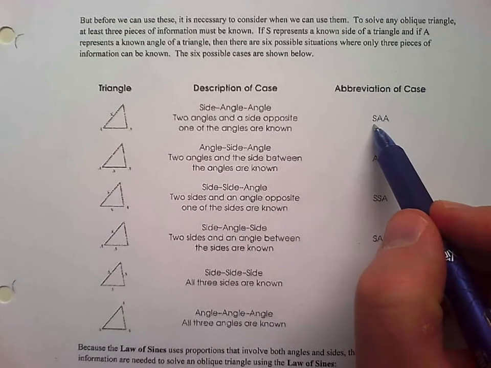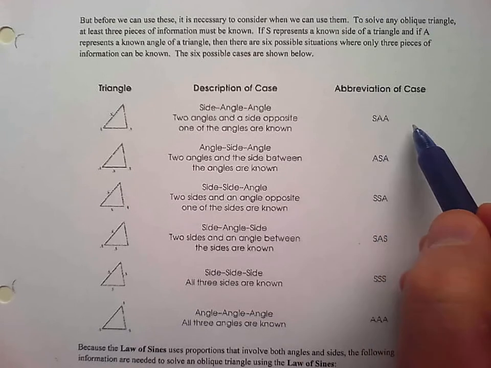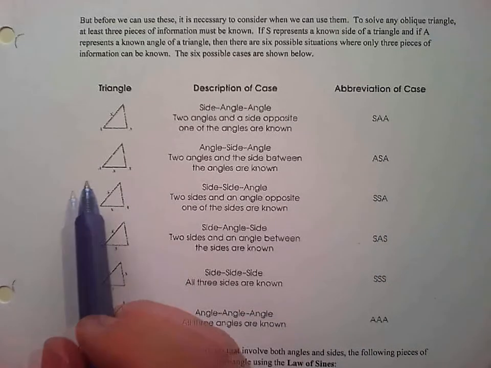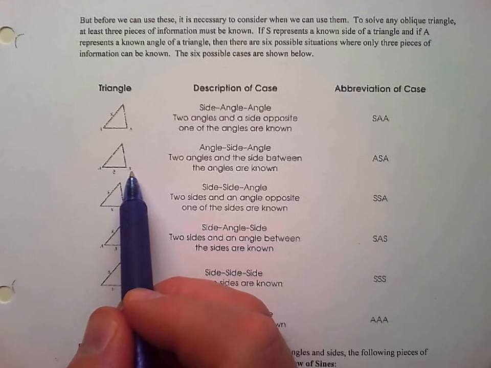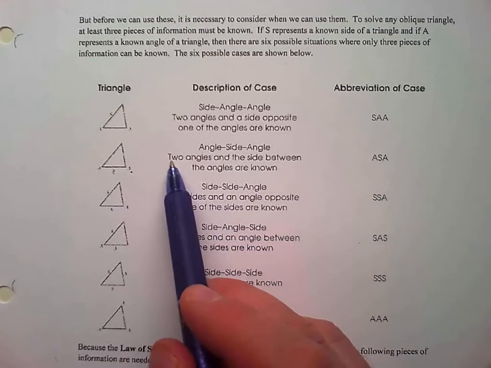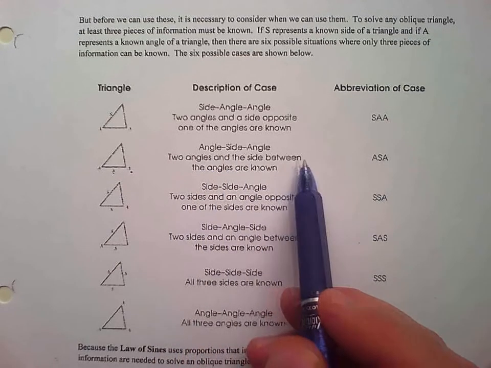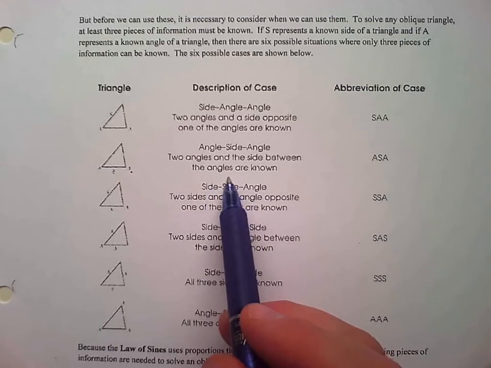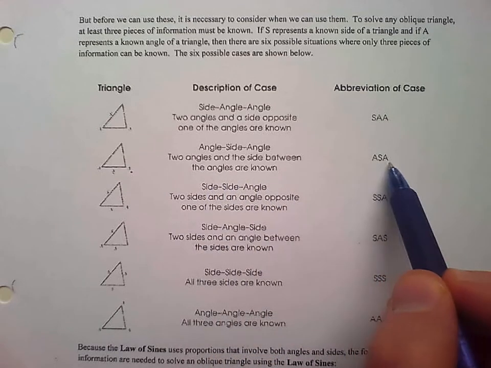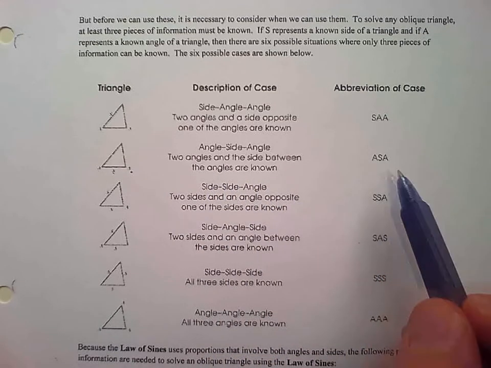The abbreviation that we're going to use is SAA. We can know angle, a side, and an angle. So angle, side, angle, where 2 angles and the side between those angles are known. We're going to use the abbreviation for that as ASA.